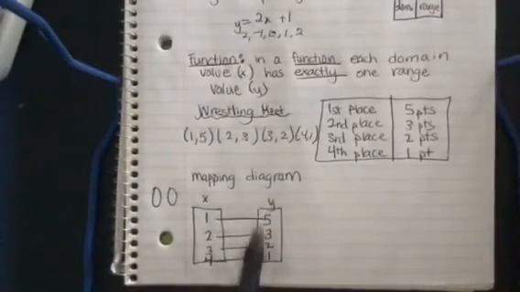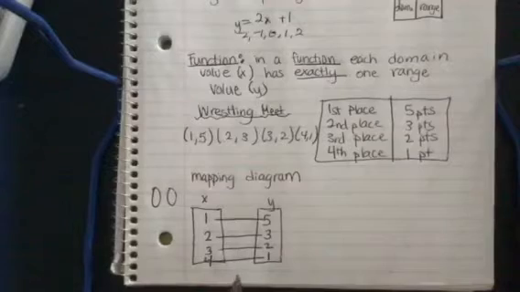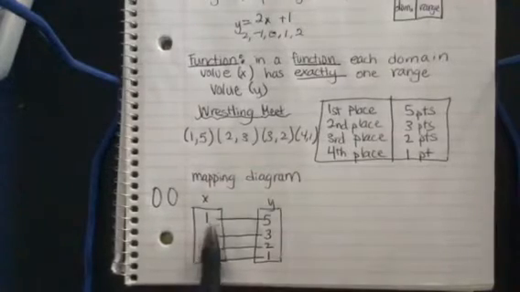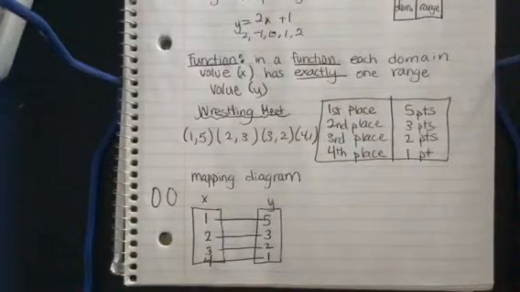Does every x value have exactly one y value with it? Thumbs up or thumbs down? Does every x value have exactly one y value that goes with it? It does.